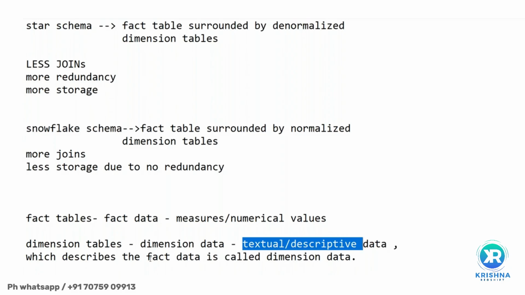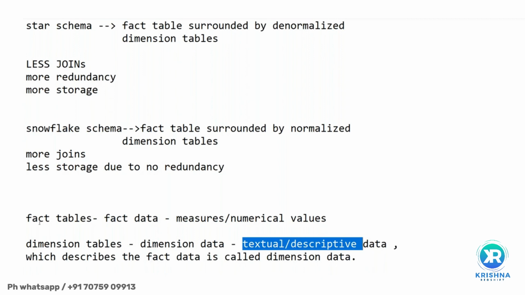In the fact table we have only quantity, items sold, and price. Which price, or which item quantity? That data will be in the dimension table. In the fact table you will have only price, number sold, total items or total price. All that summary, aggregated data will be in the fact table.